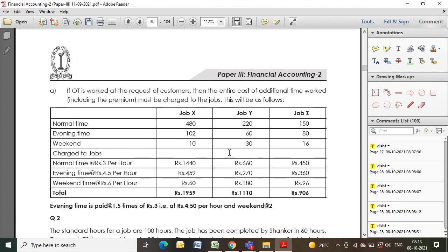If this is not the scenario, then normal time using this, evening time is 4.5, since 1.5 times 3 is 4.5, and 2 times 3 is 6. So you multiply this by 6, you get the overtime. This is how the rates are calculated for job X, for job Y, and for job Z also.